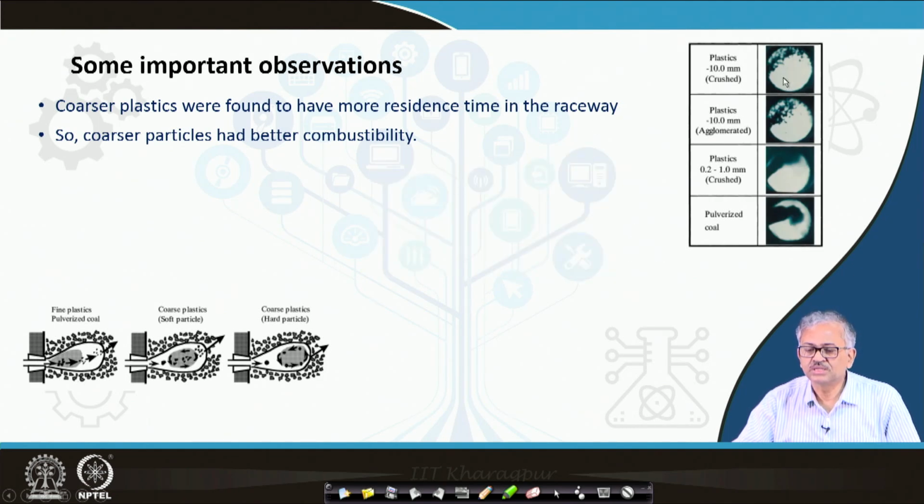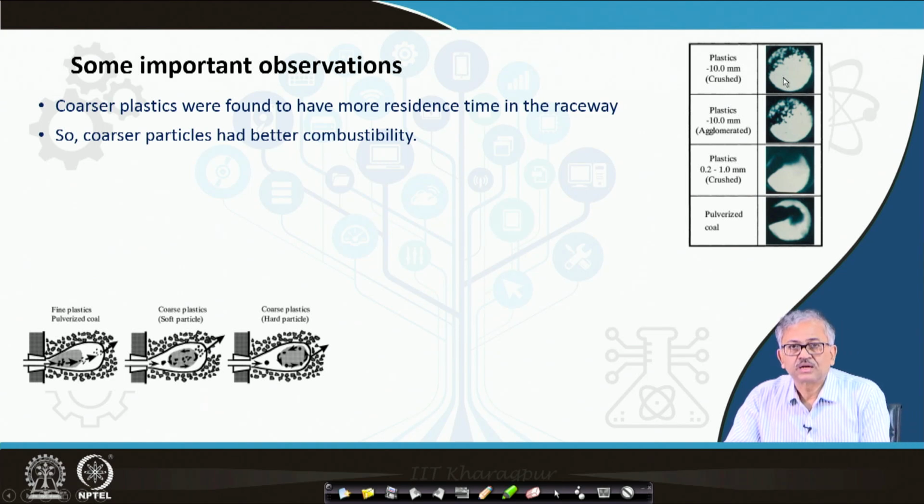Another thing is that you can see crushed plastic minus 10 millimeter when the plastic size is bigger, and this is also agglomerated plastic, bigger agglomerated plastic, and this is plastic in the size range of 0.2 to 1 millimeter. These plastics in the range of 0.2 to 1 millimeter were found to be very good.